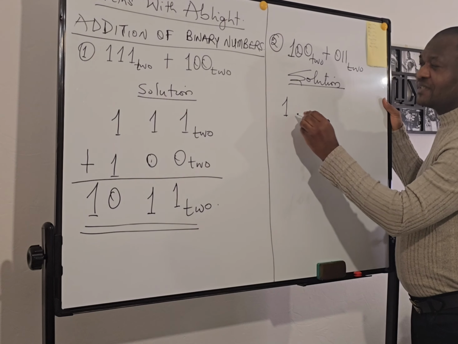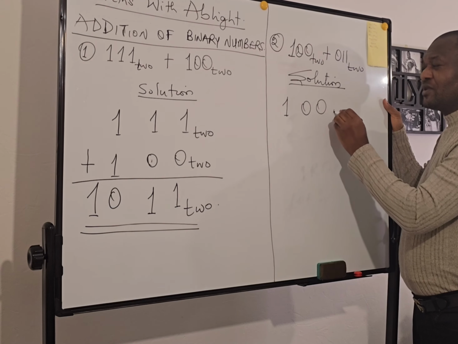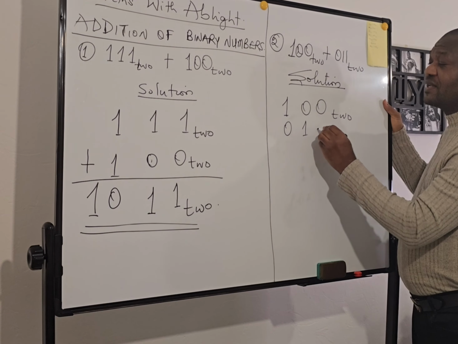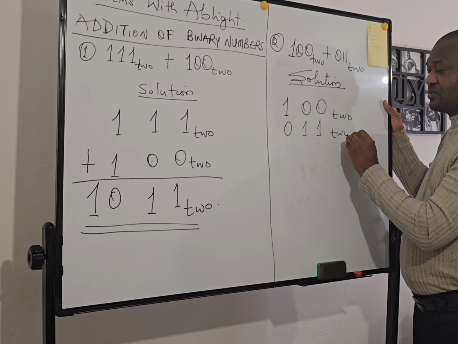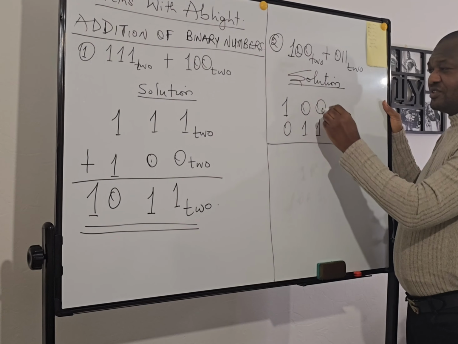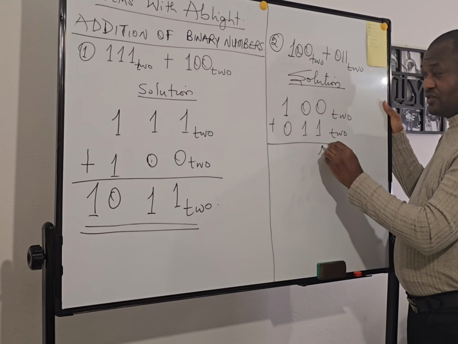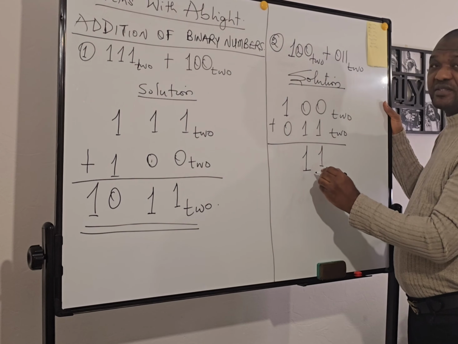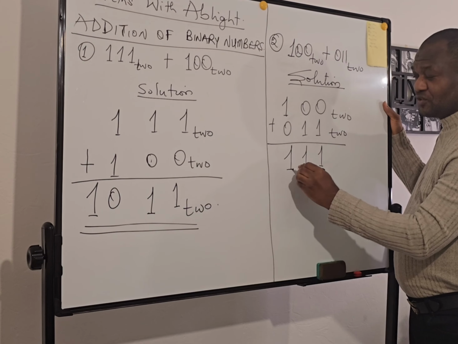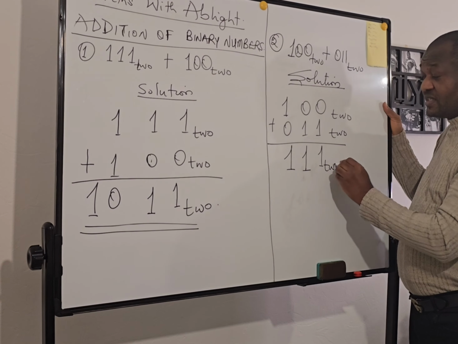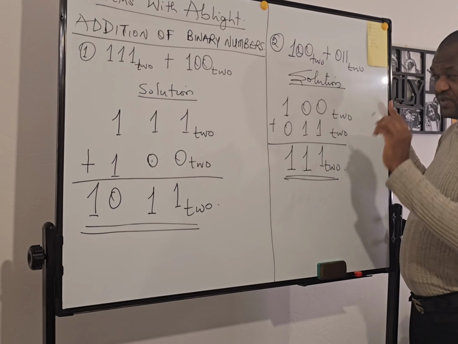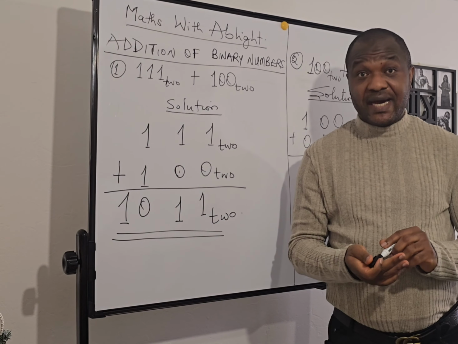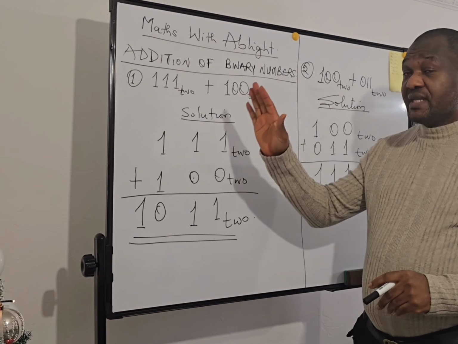You write your 1, 0, 0 base 2, and then you write your 0, 1, 1 base 2. 0 plus 1 gives you 1. 0 plus 1 gives you 1. 1 plus 0 gives you 1. This is very, very simple.